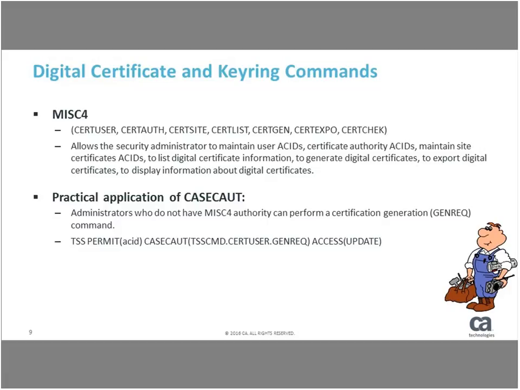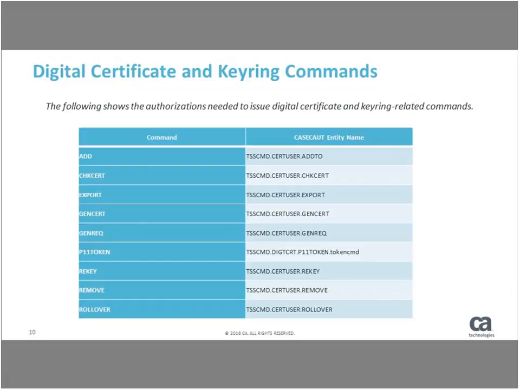You can permit them that CA command cert user gen request, access update, and they'll be able to only do generates of certificates. And here's another list that shows the authorizations needed for certificates.